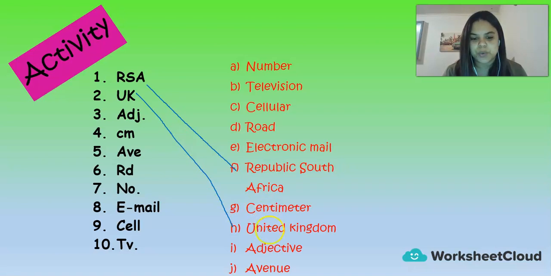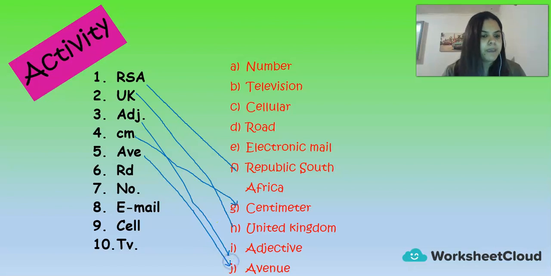ADJ, that one we saw quite recently, and that is adjective. It's right at the bottom here. cm, centimeter. Okay, I need to cross over here. AVE, avenue, which is right at the bottom. RD, road.